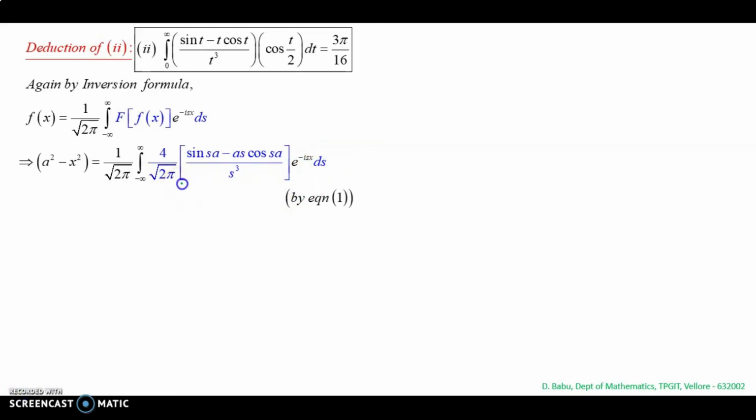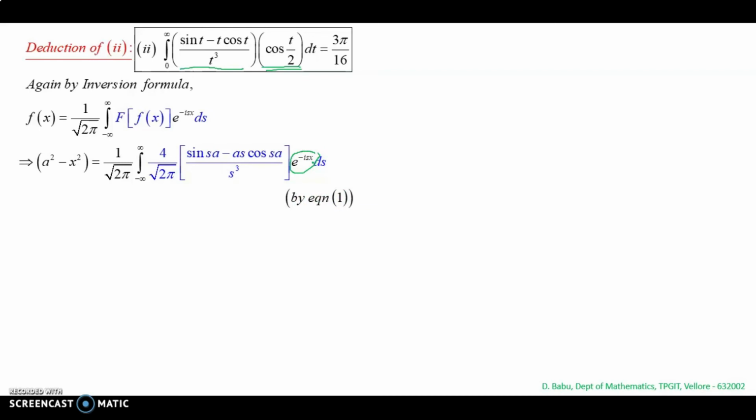So note that this bracketed term is similar to this bracketed term, but here it is e power minus isx, and here cos of t by 2. So from e power minus isx we need cos sx. Note that e power minus isx can be written as cos sx minus i sin sx.